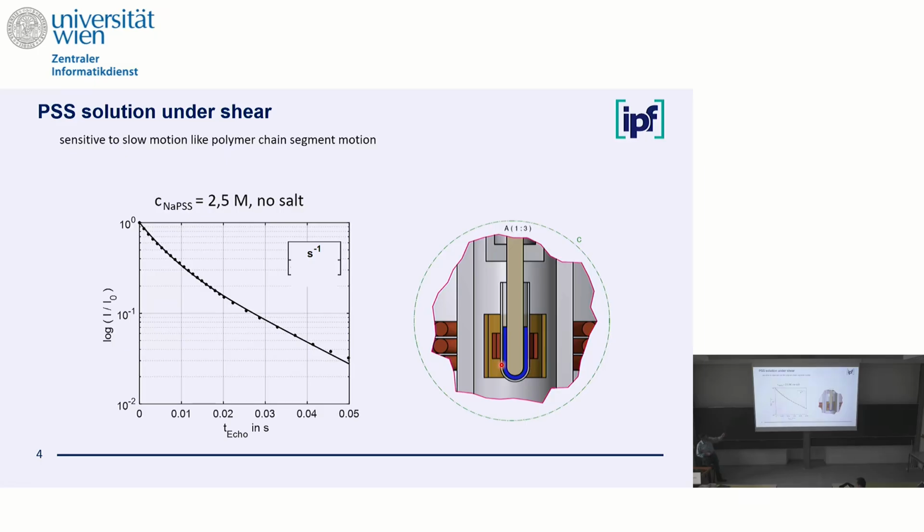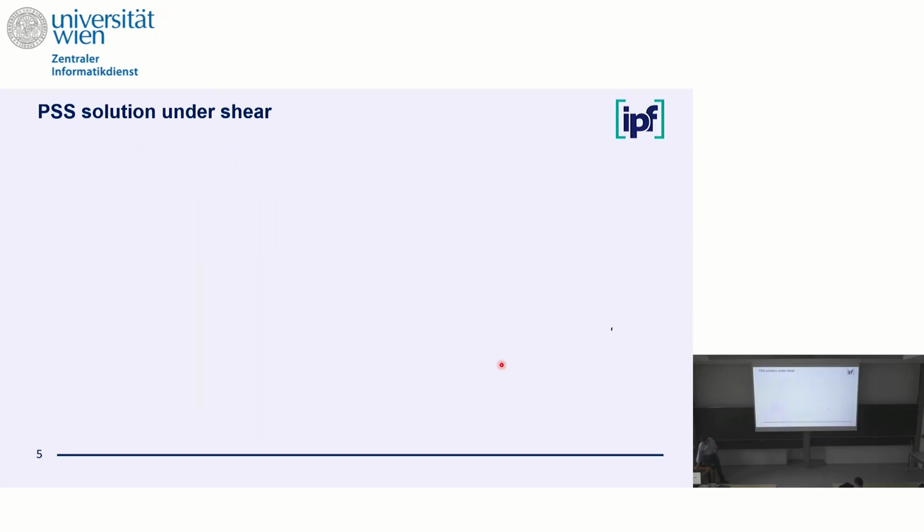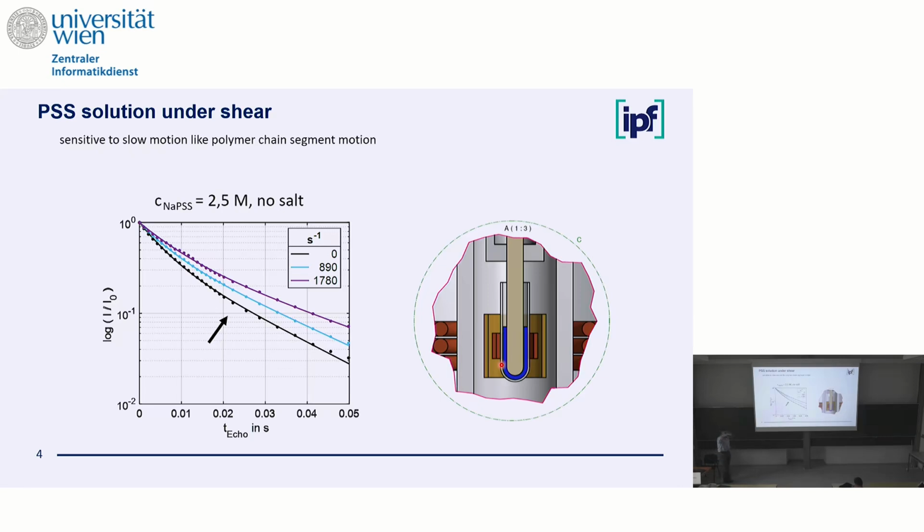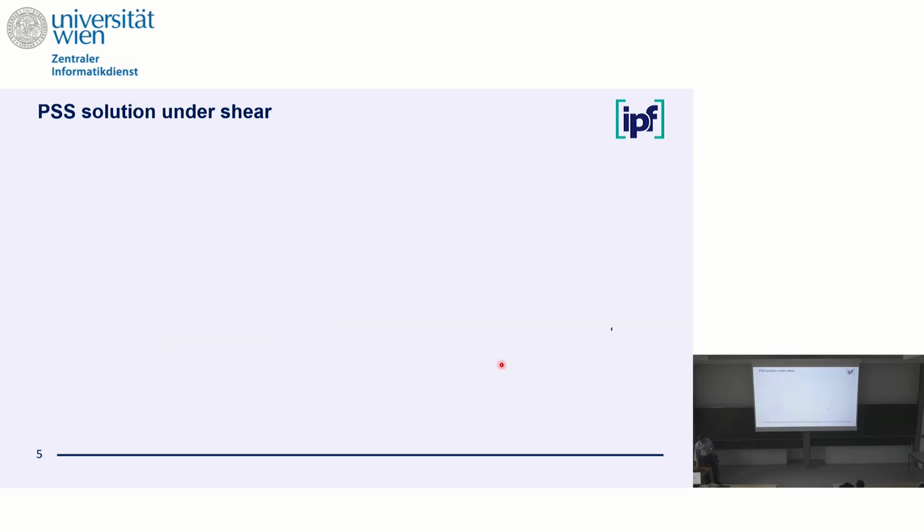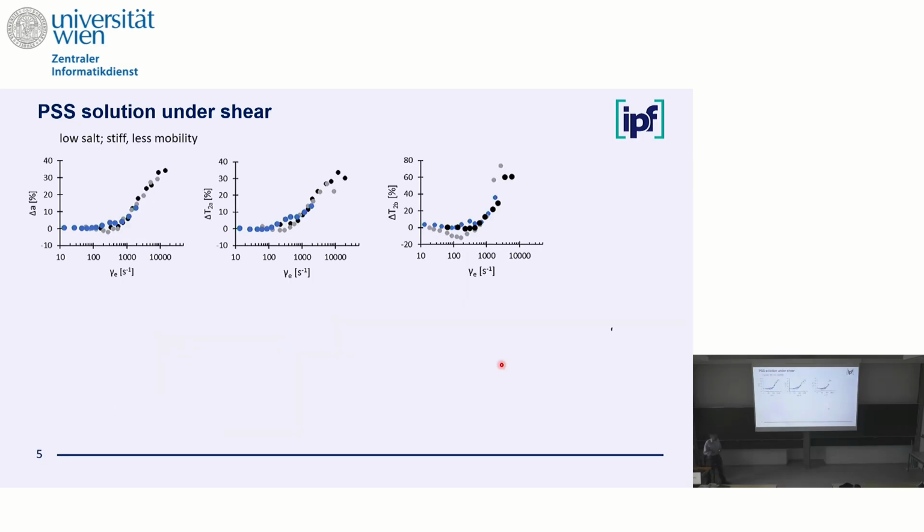We get this two-component decay, as you see it here, and if we have no salt on a polystyrene sulfonate, then we see as we increase the shear rate, we prolong the relaxation time there, but that can be very different.